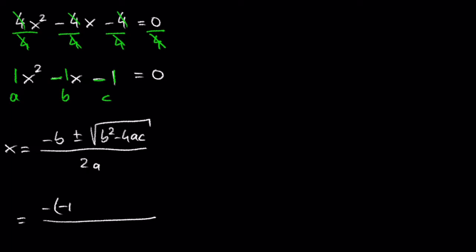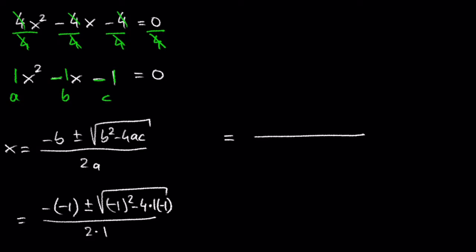Minus negative 1 plus minus square root of negative 1 squared minus 4 times 1 times negative 1 and 2 times 1. Negative 1 times negative 1 is 1 plus minus the square root of negative 1 squared is 1 minus 4 times negative 1 is 4 times 1 is 4 and 2 times 1 is 2.